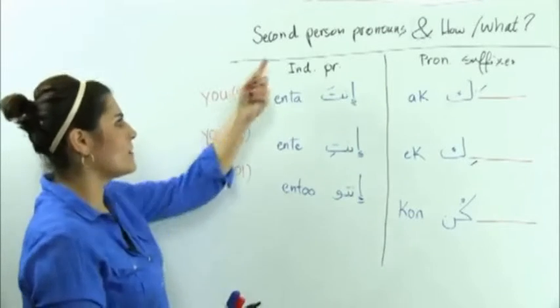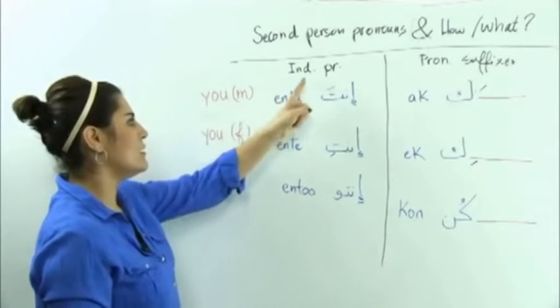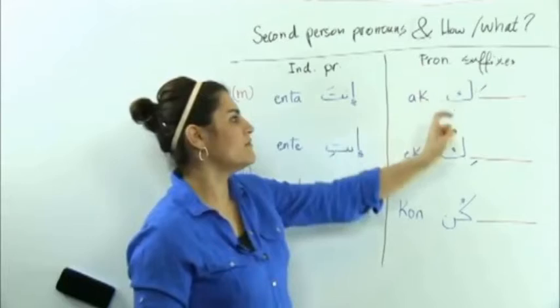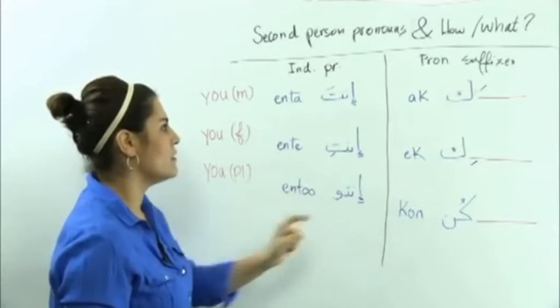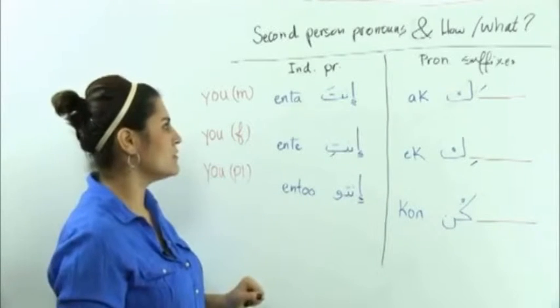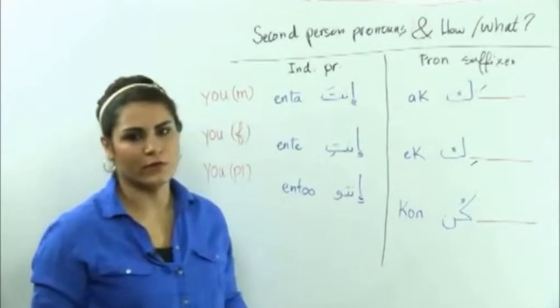So again, second person pronouns: you, masculine, independent, inta, as a pronoun suffix is ak. You, feminine, is inti, as a pronoun suffix is ik. And you, plural, is into, as an independent pronoun, and as a pronoun suffix is kon.